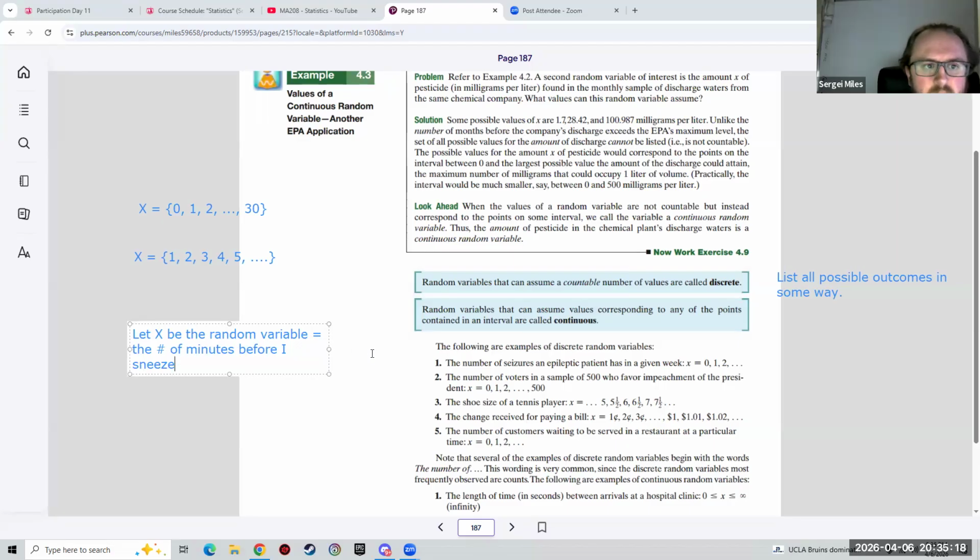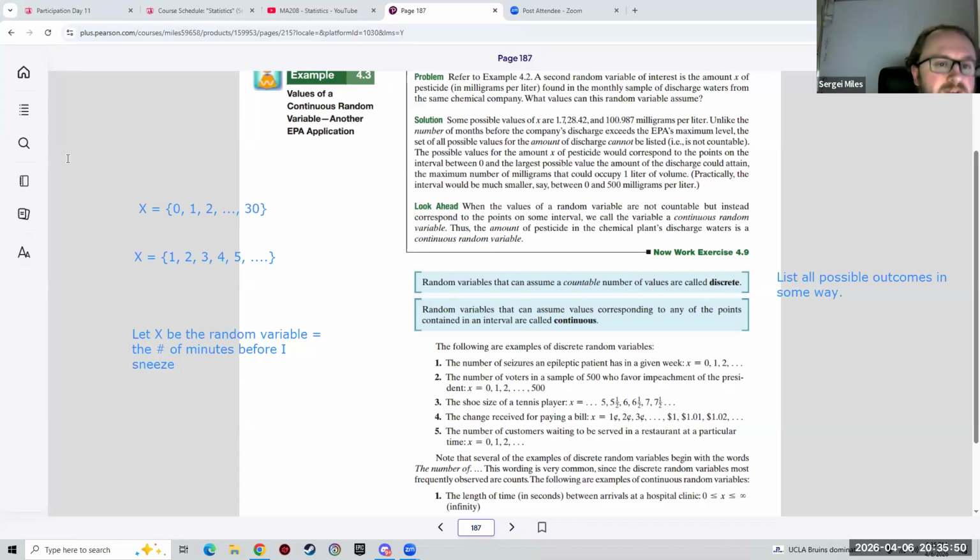All right. Well, the funny thing about this example, and why it's different from the day example we just did, is that it could be a fraction of a minute, right? What if I sneeze in 1.5 minutes? What if I sneeze in 1.1 minutes? 1.01, 1.001, right? It could be any possible real number that you can imagine. 1.00000012344, whatever.